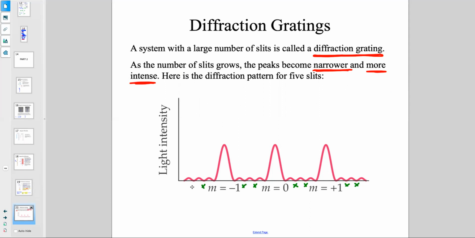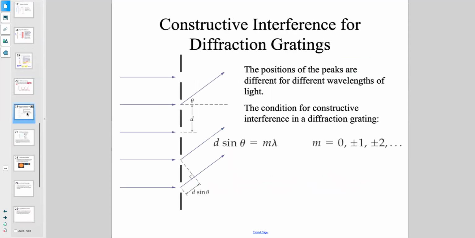And these are constructive, and then smaller constructives right here. Okay, so constructive interference for diffraction grating.